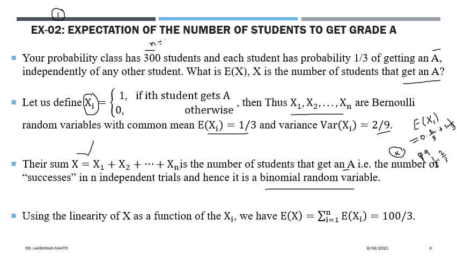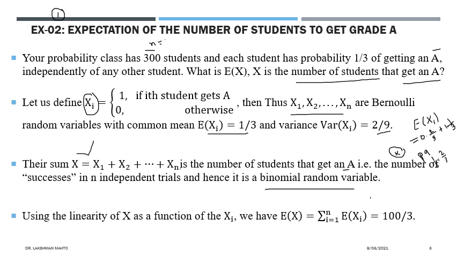So we can easily calculate the expectation of x. This binomial random variable is also talking about the number of students that get grade A. If you are trying to calculate the expectation of x, you can easily calculate it as a summation of expectations of xi, due to linearity, and we know that each one has expectation 1 by 3, and there are 300 students.